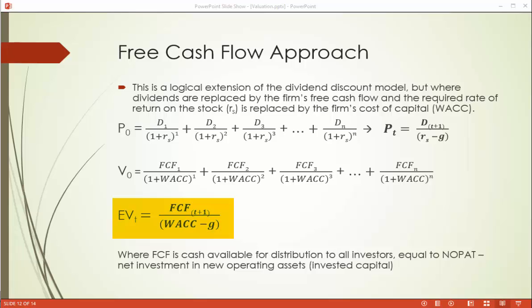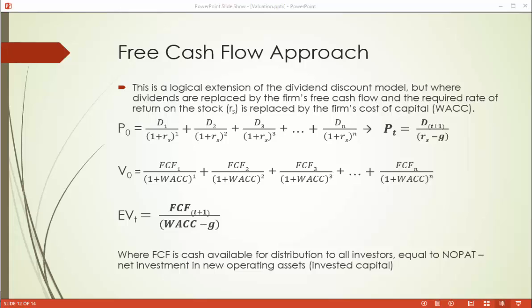All right, so we have to have that assumption again. And also there's another important one, that the WACC is greater than the growth rate. So if those two things are true, if the free cash flow is growing at a constant rate and the weighted average cost of capital is greater than the growth rate, we can transform that dividend growth model into a company valuation model using free cash flow.